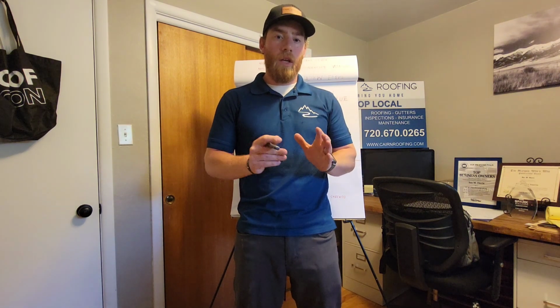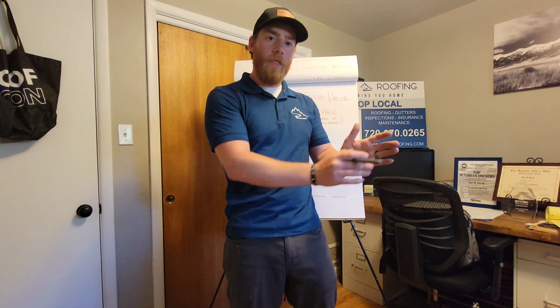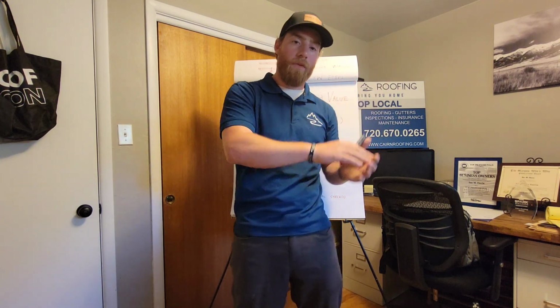When you opened up your policy, you sat down with your insurance agent and they figured out all the coverage. They said, if you're willing to cover this much when an event happens, then we'll put your policy premium at this much. If you're willing to cover more, we'll drop your premium. If you're willing to cover less, we'll increase your premium. It's kind of a balancing act. But regardless, it's an amount that you agreed that you would cover in the event of a storm.